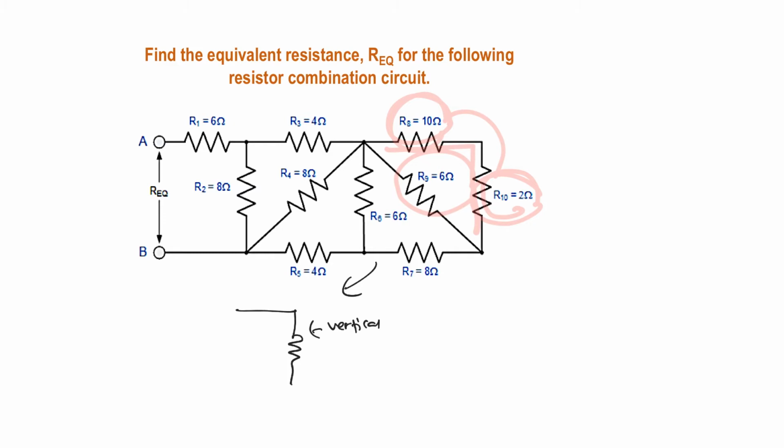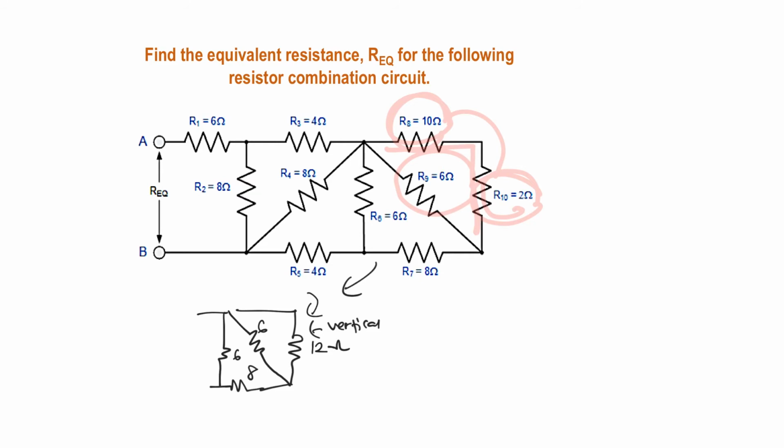So you are going to get like this, and then this, and then this. This one is going to be 6, this one 6, this one 8. The combination of 10 plus 2 is going to be 12 ohm here. Once you combine, it's arranged in the vertical position.